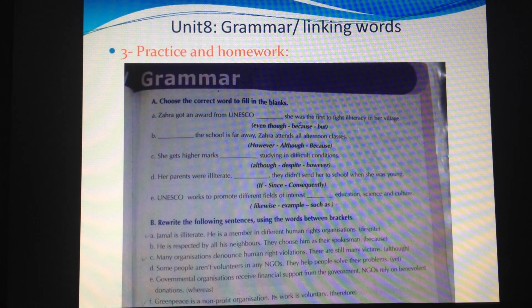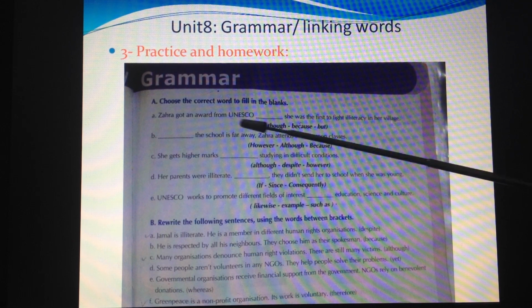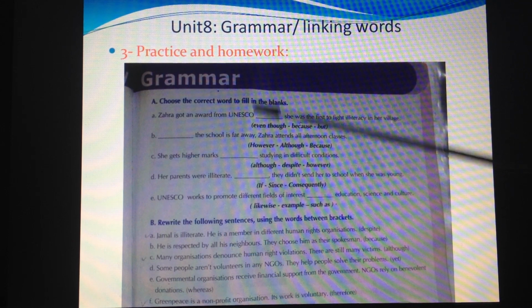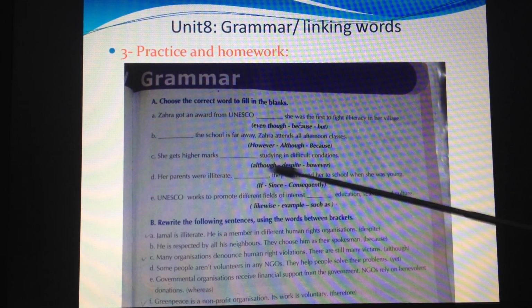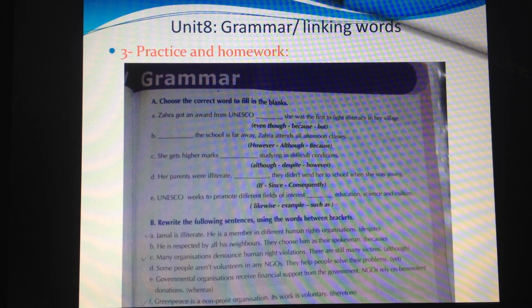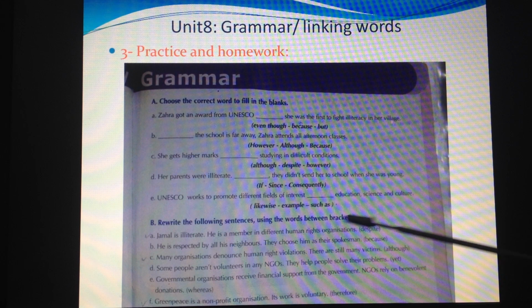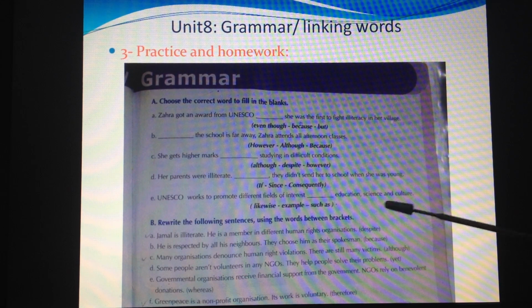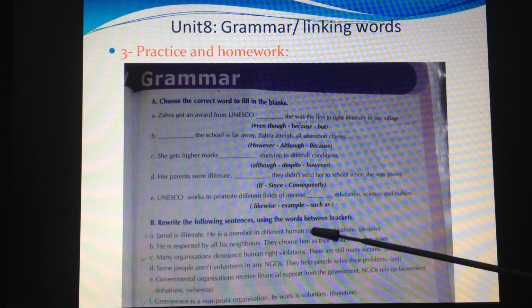Now, let's move on to practice. In your textbook, the first exercise is choose the correct word or the connector from the list. You have a list, you just choose the correct one, okay? So here you don't need to make any changes, just choose the correct one, okay? Exercise B, you have two sentences and connectors suggested between brackets. Now here you have to be careful about the form of the sentence.